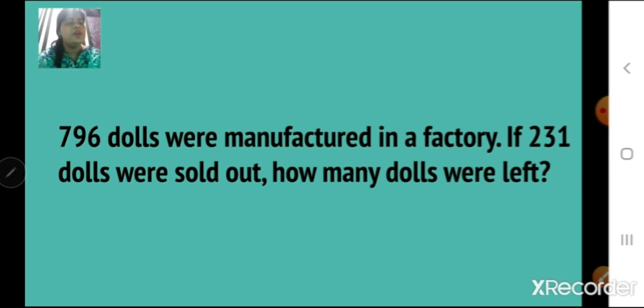If 231 dolls were sold out of that, how many dolls were left? In this manner, we have to frame our question. Children, please note it down in your notebook.